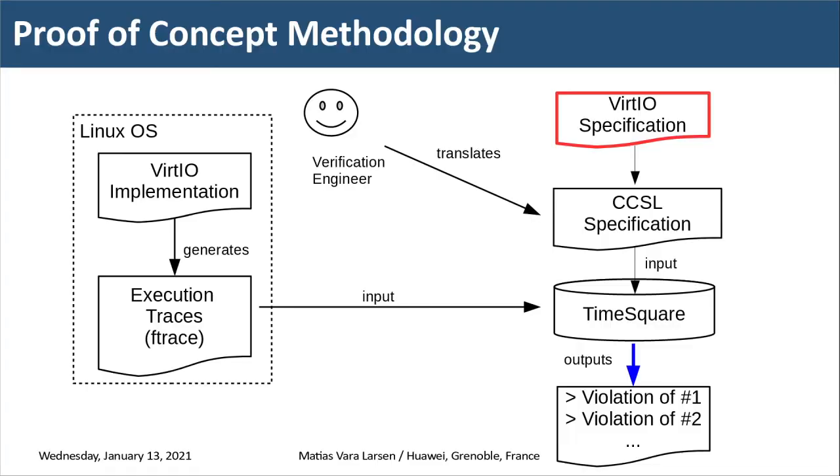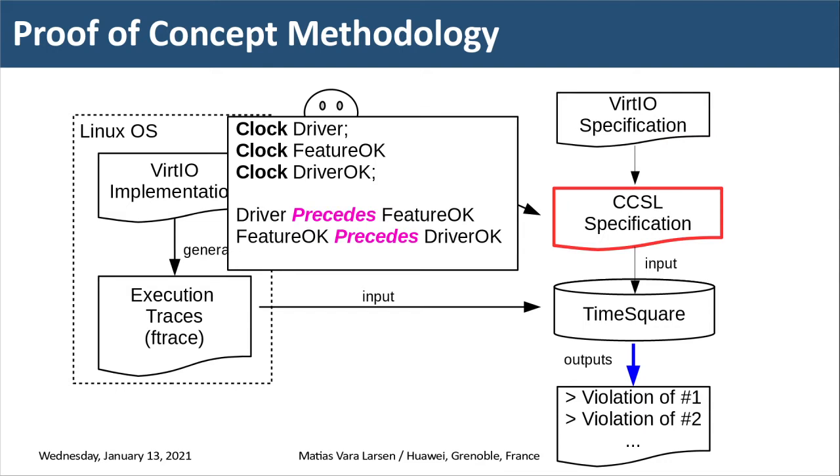In our approach, a verification engineer translates requirements from the VirtIO specification by using CCSL. The main elements of a CCSL specification are clocks and relations. Clocks are used to describe instances of an event. Relations specify how occurrences of different clocks are related.